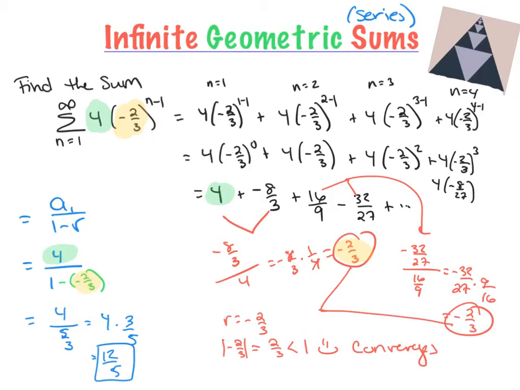So instead of doing all the work on the right-hand side, we could have very quickly jumped to a1 is 4 and r is negative 2/3. That would have saved us a bit of time. So when we do our last example, let's do that.